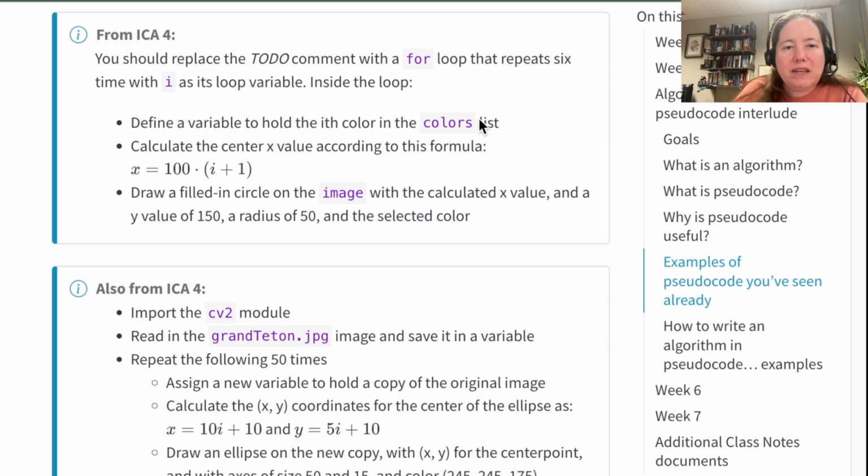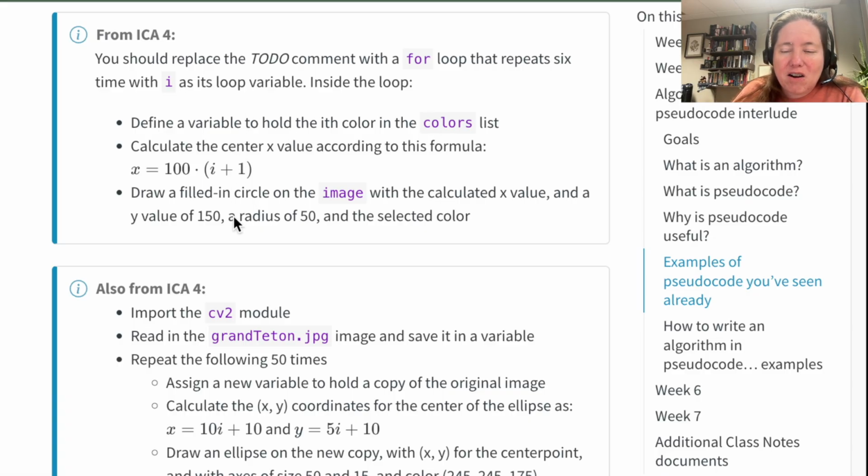So here from our in-class activity number 4, this was not labeled as pseudocode, but it is. This first part kind of shades into the pseudocode. So it says, replace the to-do comment with a for loop that repeats 6 times with I as its loop variable. So that first part, for loop, repeats 6 times with I as its loop variable, that's kind of the first step of our pseudocode.